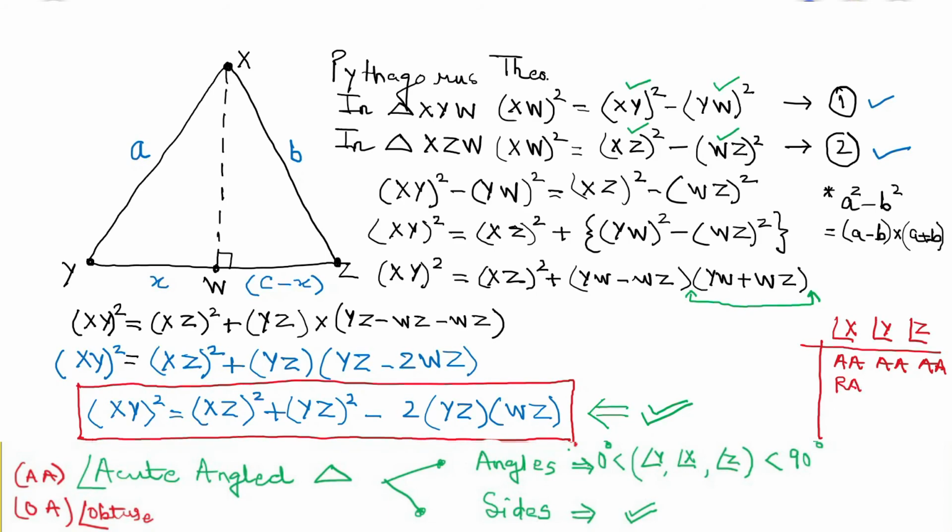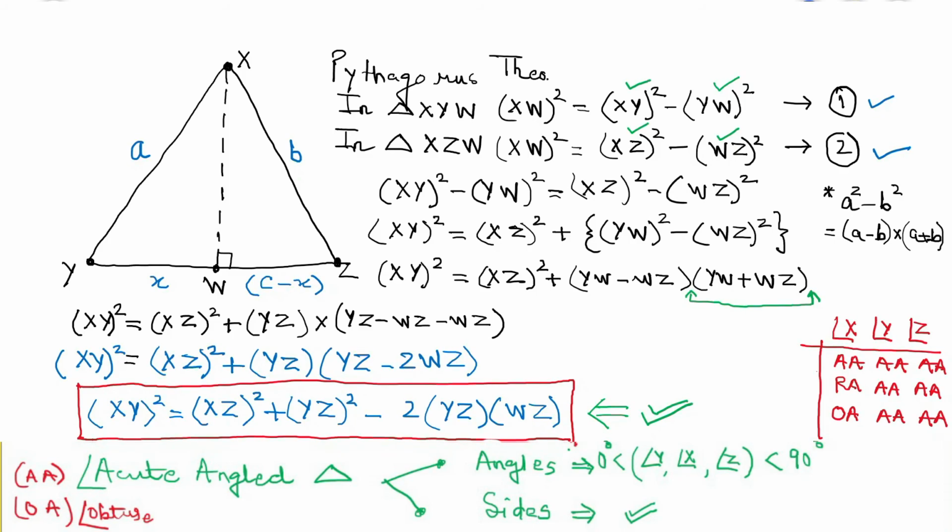That also you can prove here from the existing. You know that XWY or XWZ is a right angle triangle, and the remaining two angles would be acute angles. The third case is one angle could be an obtuse angle, and the remaining two angles will always be acute angles.